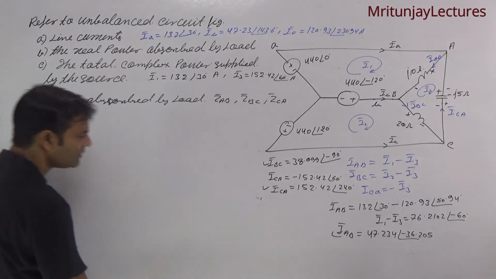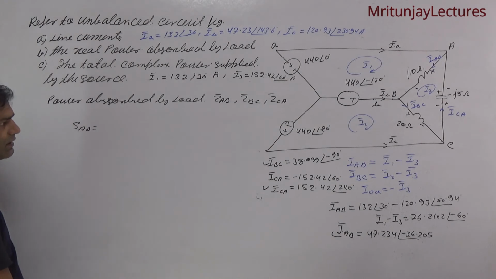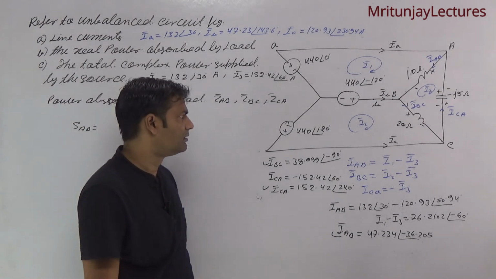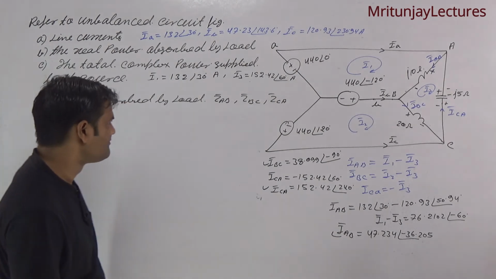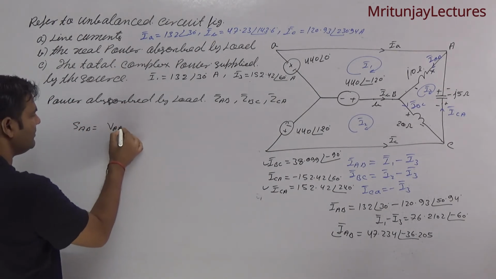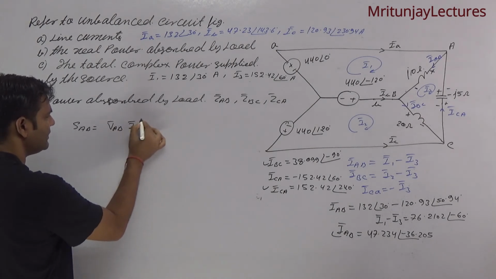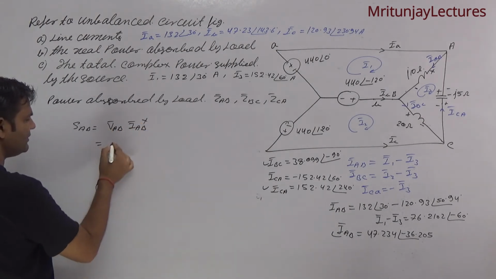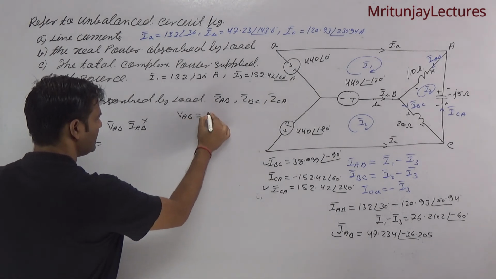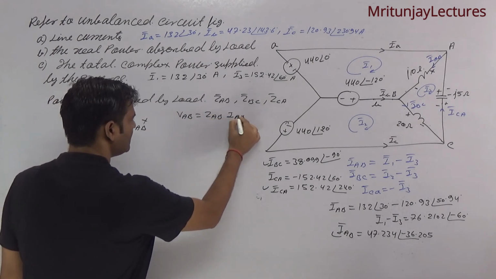Okay, so S of AB is written as V of AB into I of AB conjugate, clear? And this one is also written as, V of AB means Z of AB into I of AB.